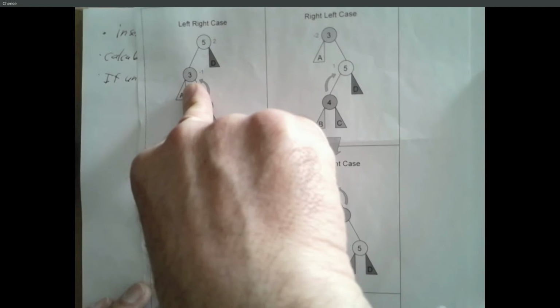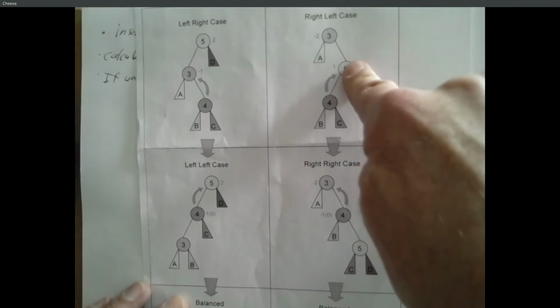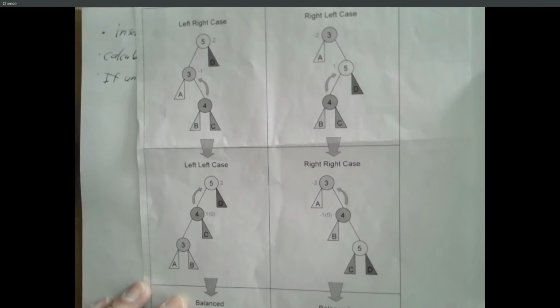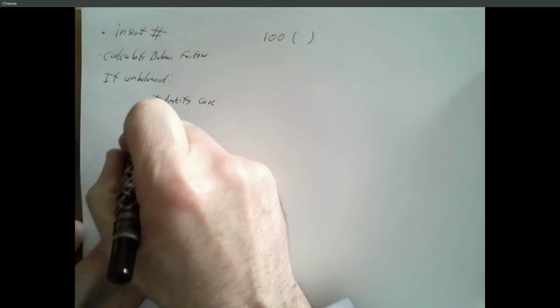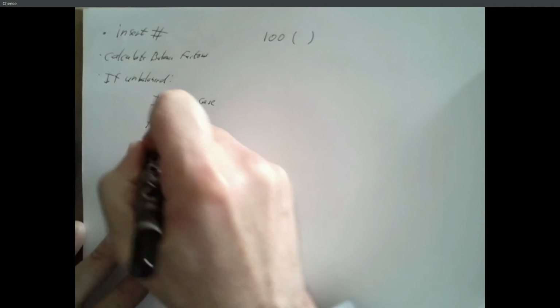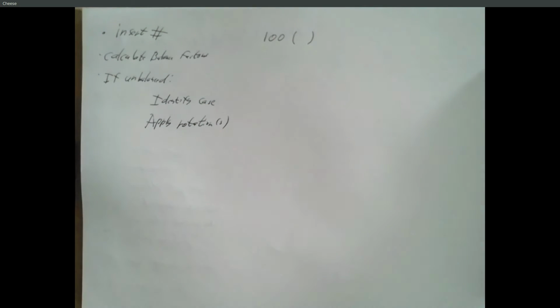If you encountered a 2 and the node after that was a -1, it's this case. If it's a 2 and it's a 1 or a 0, it's that case, and likewise for -2. So identify which case, and then apply the rotation, or rotations, according to this picture.